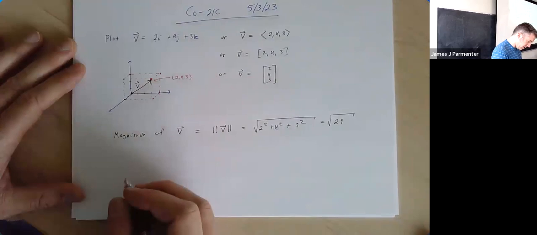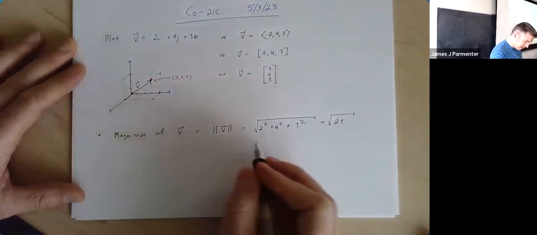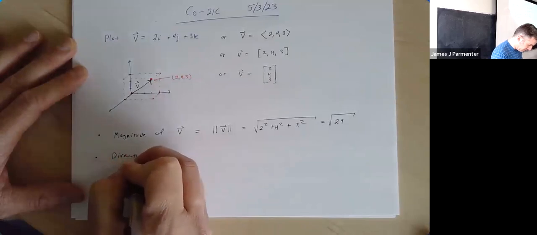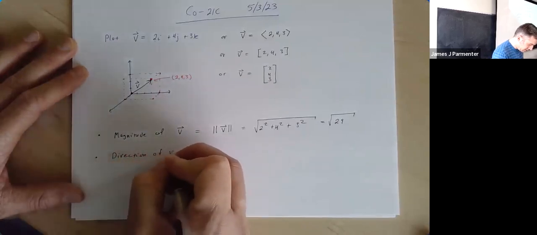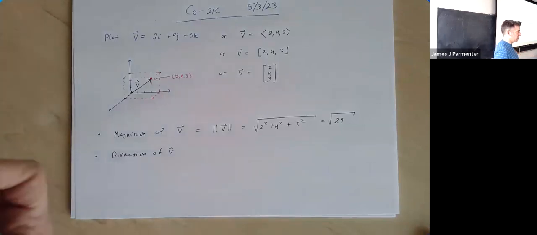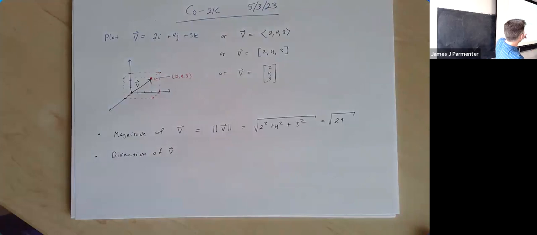Direction, on the other hand, is a little bit more interesting. The magnitude is the square root of 29. The direction of the vector, well, you might start off by thinking you could describe the direction as some angle measurement from some axis, but that's really kind of complicated. Really, when we talk about direction, we just want to talk about what direction we are pointing in. I'm using the word to define the word, which is terrible.